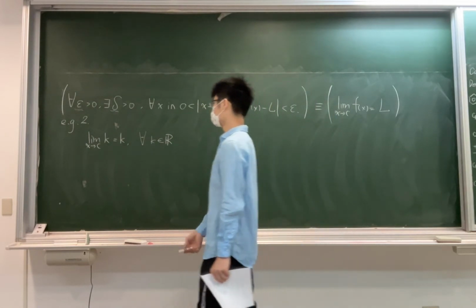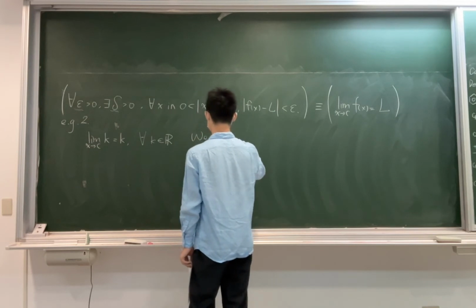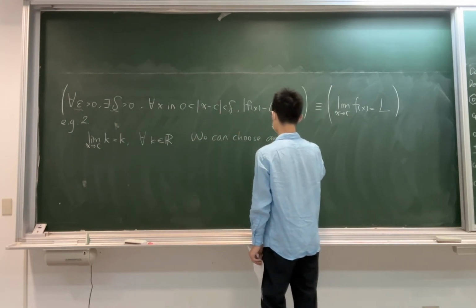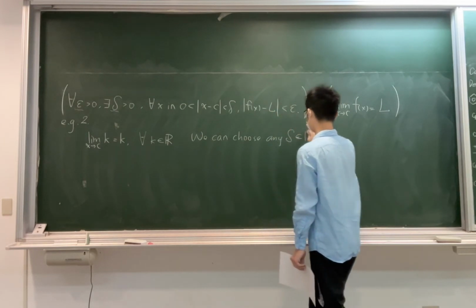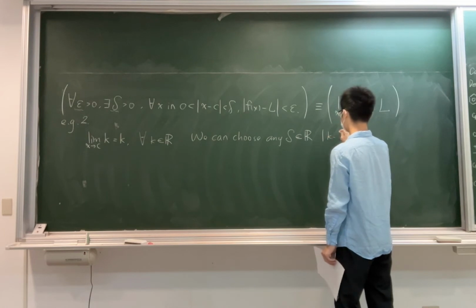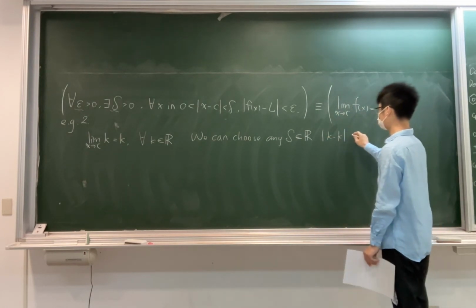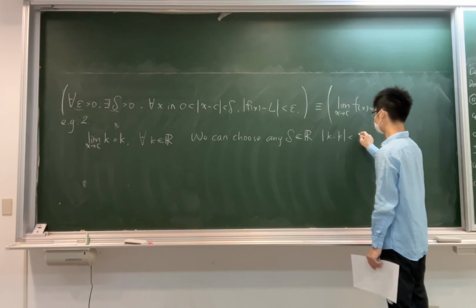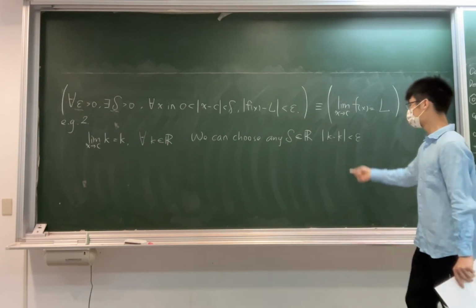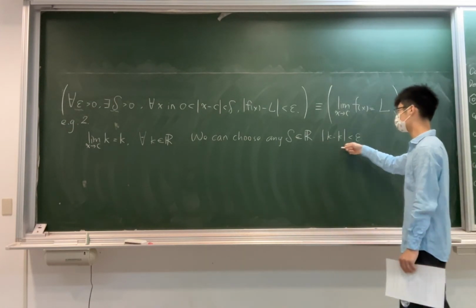This is quite trivial as well because we can choose any delta in the real numbers. k minus k, which is f of x minus L, is always less than epsilon, because epsilon is a number greater than 0, and this part is 0.